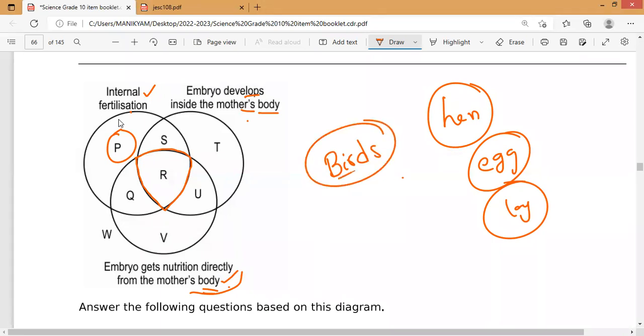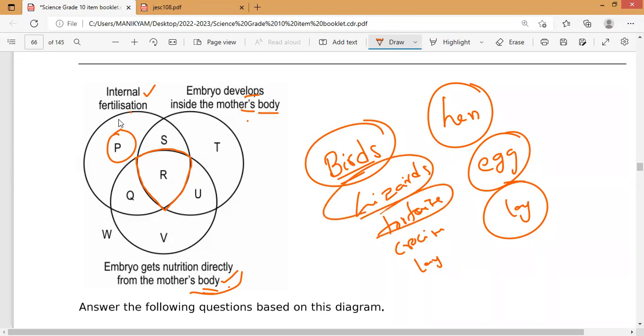All the birds, lizards, tortoise, crocodiles. What will they do? After internal fertilization, they will lay the eggs somewhere in some particular place, so that later the eggs will hatch and the baby will develop. So what is the correct answer, everybody?